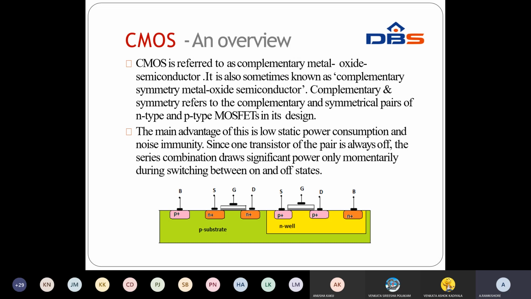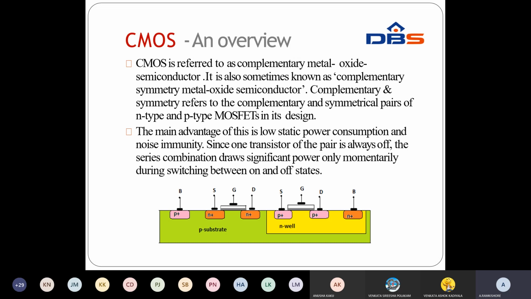That means one MOSFET will form in the P substrate and the other MOSFET will form in the N-well substrate. In the P substrate we have to inject N plus regions, that is N-type semiconductor. In that semiconductor we form source and drain, and for the P substrate we form a base region.